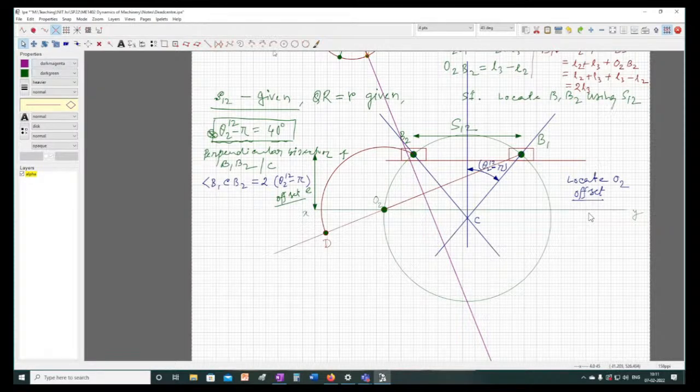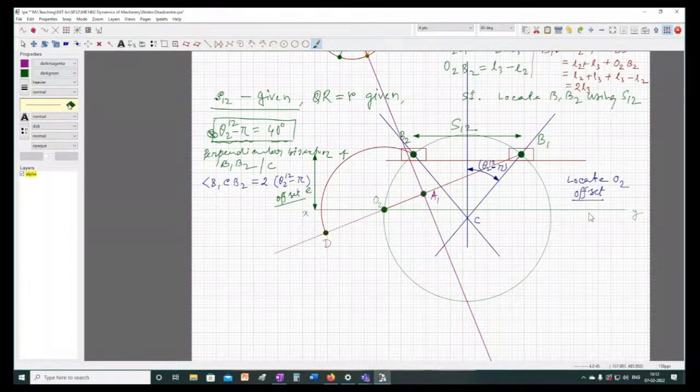So if we have the perpendicular bisector, we can mark this point on it. Can we say this point is the point A1?